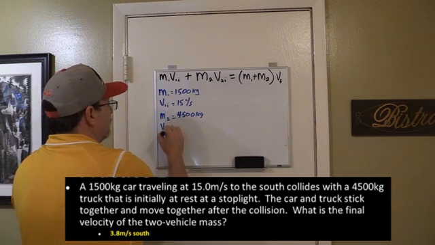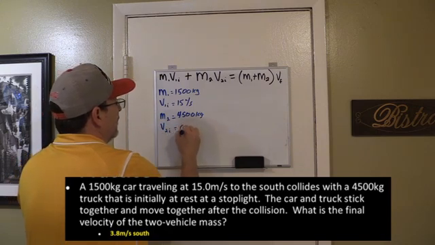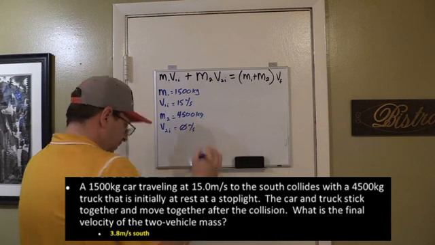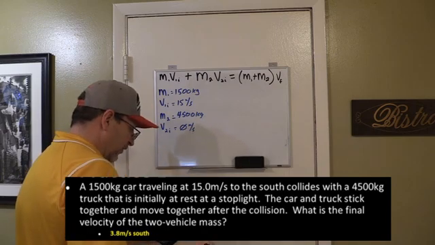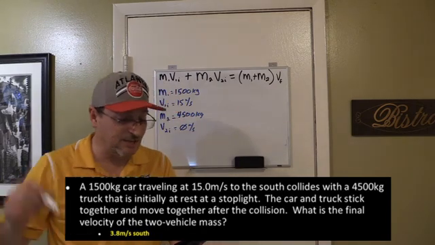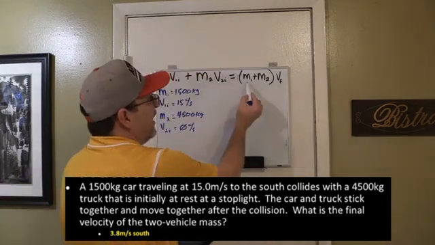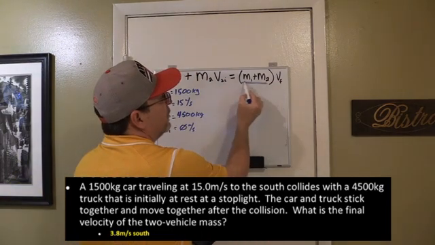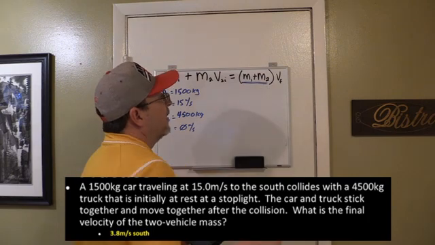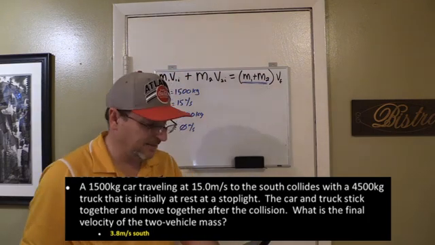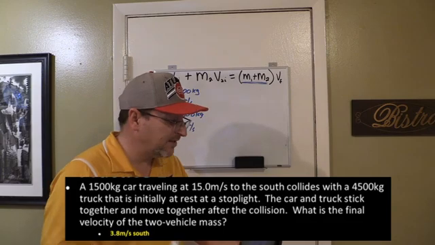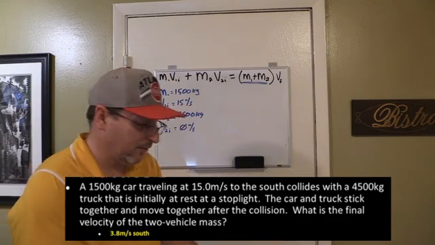Velocity 2 initial is 0. Okay. The truck and the car stick together and move together after the collision. So that's where this piece is coming in. The two masses become one. Pretty nasty accident, it sounds like. Okay. What is the final velocity of the two vehicle mass?